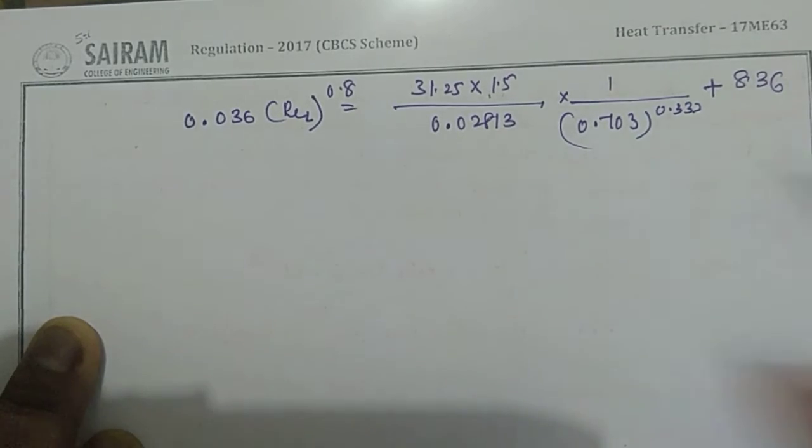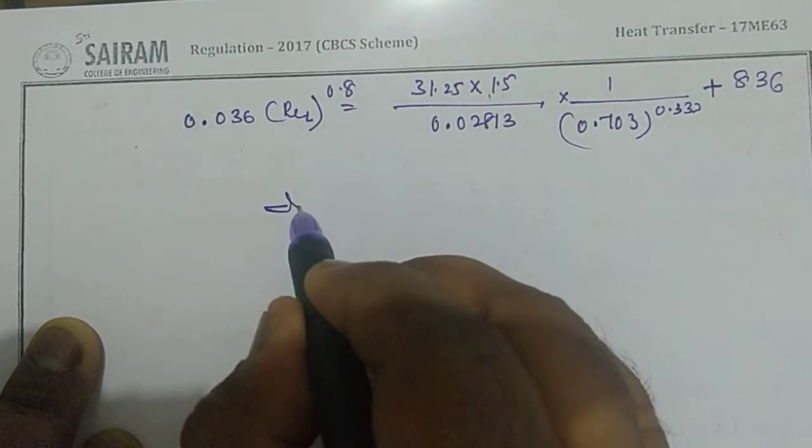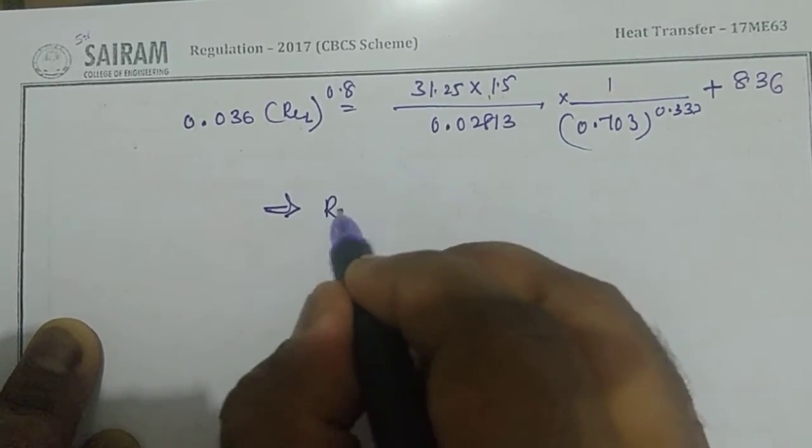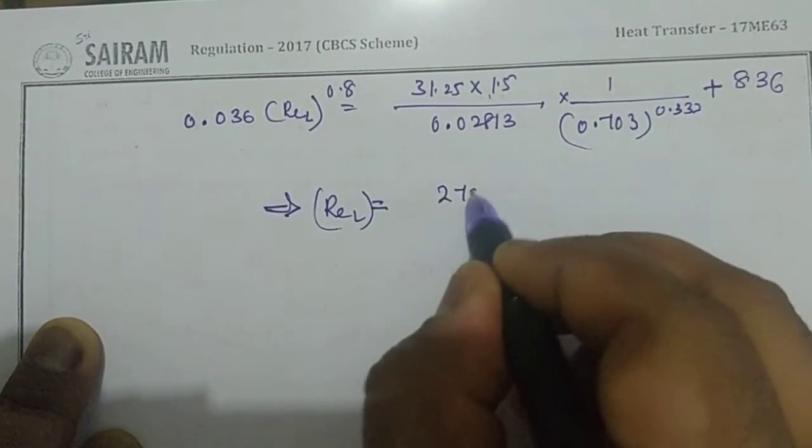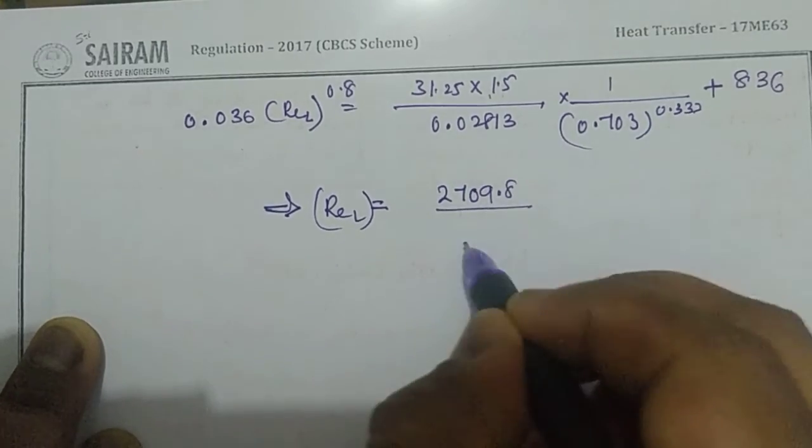You simplify that equation, it becomes Reynolds number for the parallel plate 2709.8.